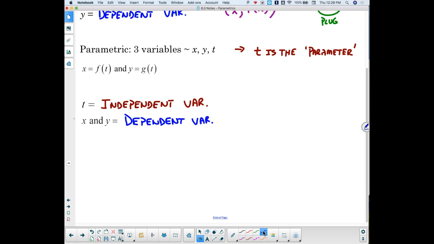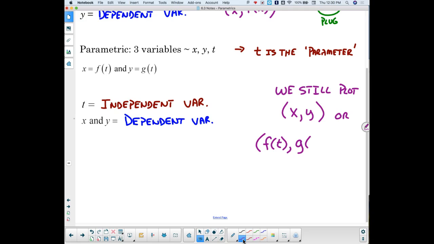I'm still going to plot points x comma y, because I still want to get those graphs. But now, really, I'm plotting f of t comma g of t.